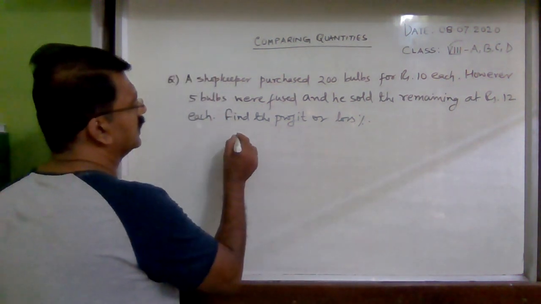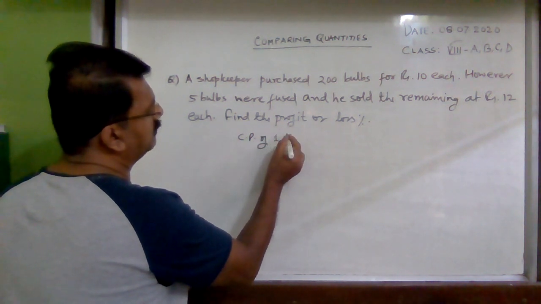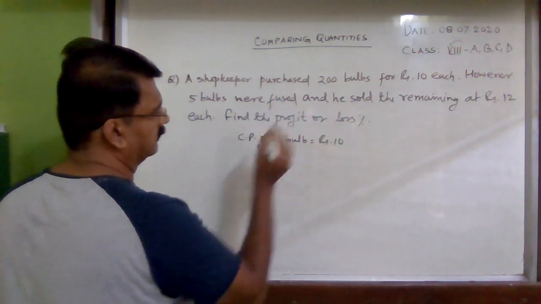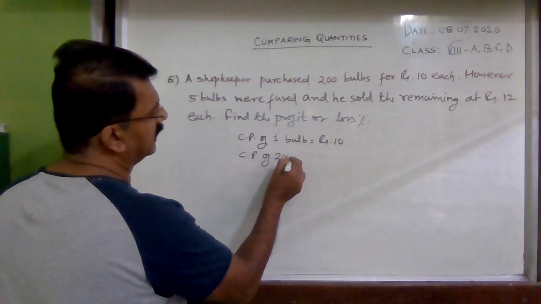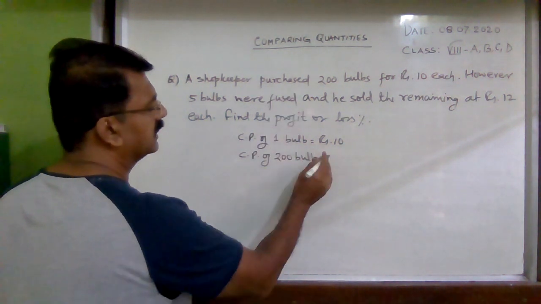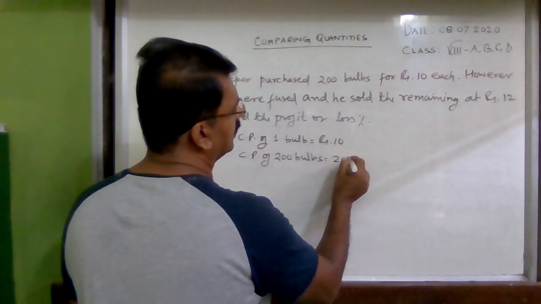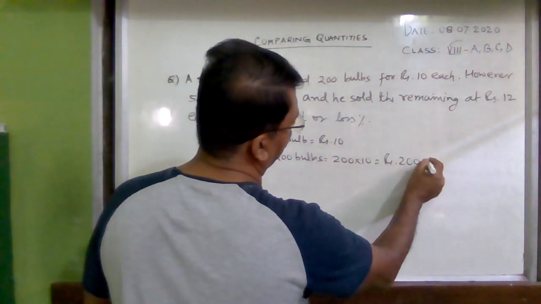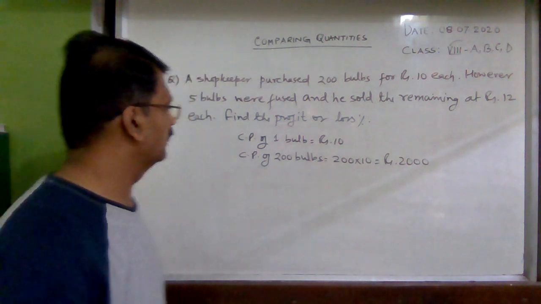So CP of one bulb is rupees 10. It is given. CP of 200 bulbs, because he bought 200 bulbs, is 200 into 10, rupees 2000. That means the shopkeeper has spent rupees 2000 in buying the bulbs.